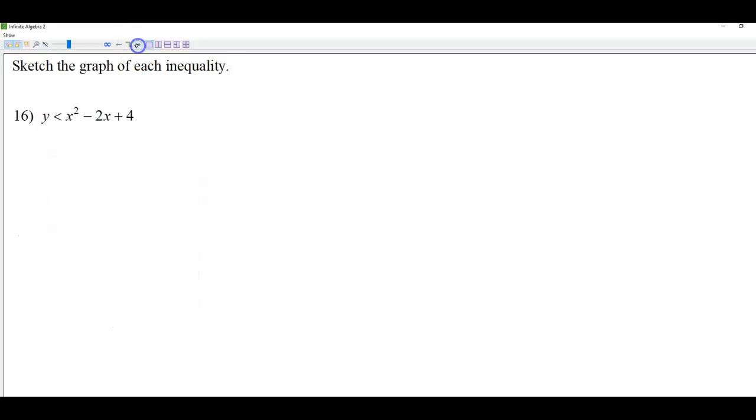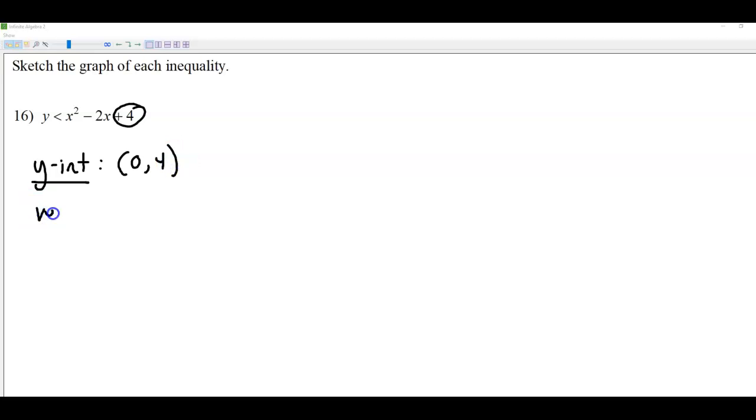All right, let's go ahead and take a look at number 16. Number 16, we want to graph an inequality again, but this time it's a quadratic. And so we need to remember how to graph quadratics. All right, so to graph the quadratic, the first thing we want to do is find our y-intercept. My y-intercept is this number.